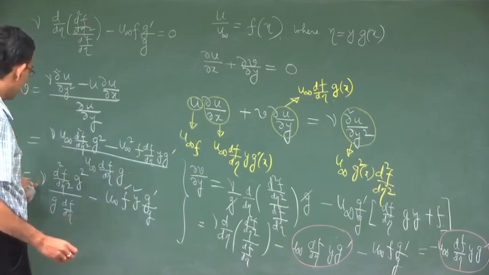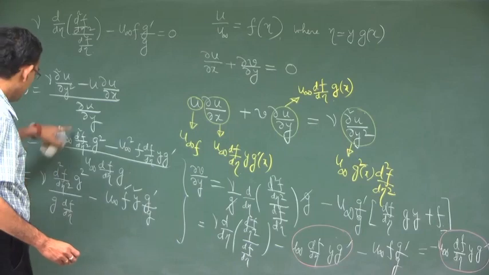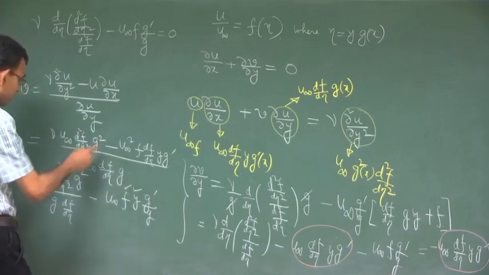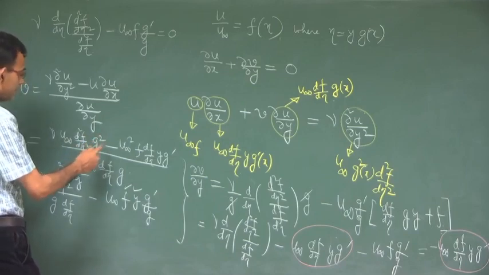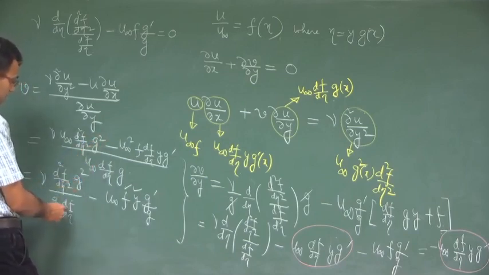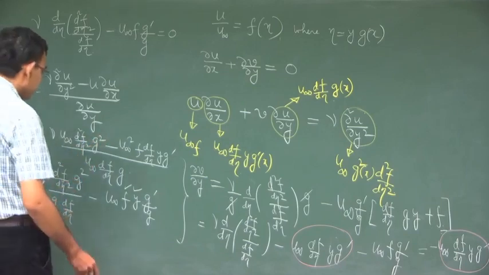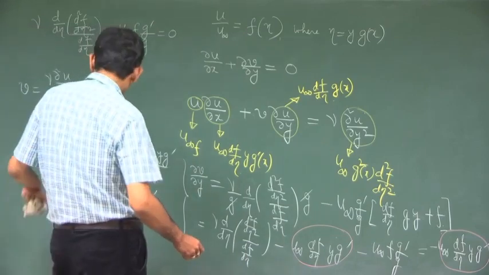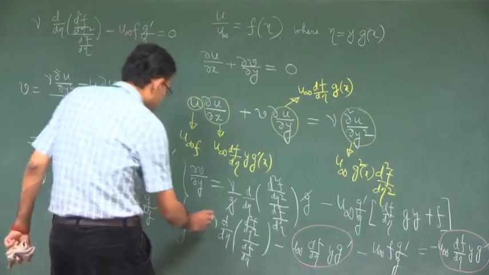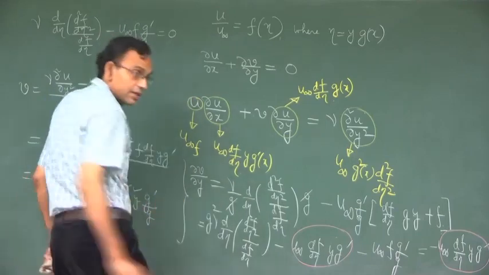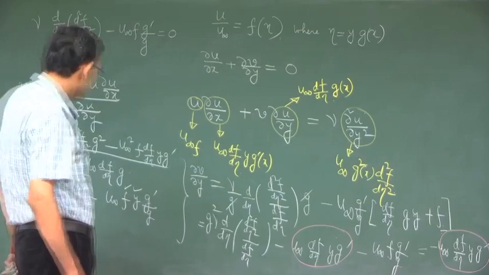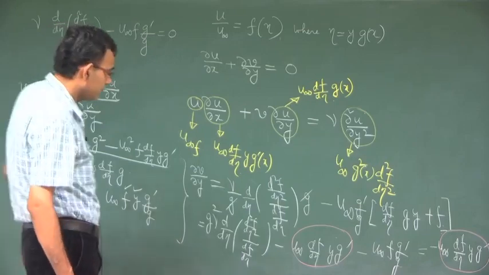So, nu d 2 f d eta 2 by into this g square was missing here, right, g square by g d f d eta. So, let us write nothing very different, only the g square will be there in the numerator, right, one additional g square.